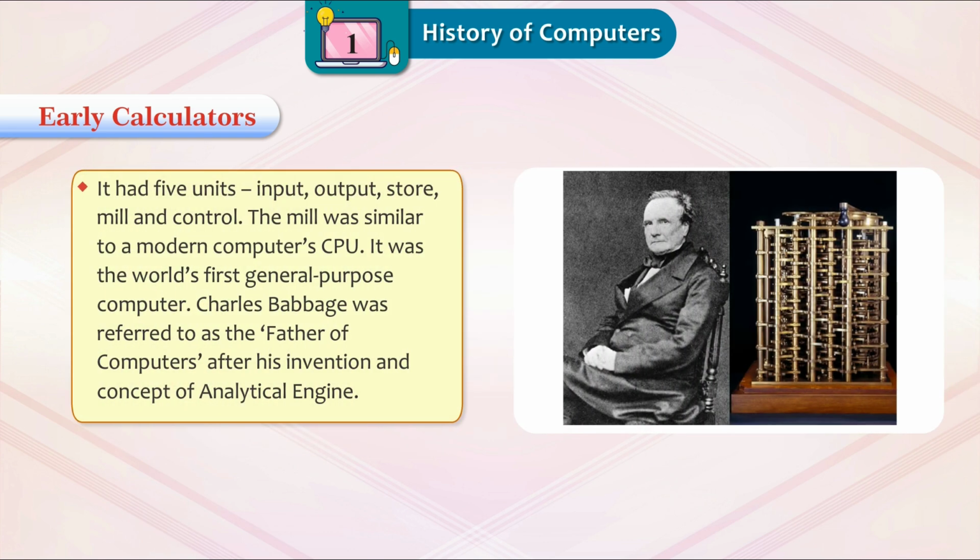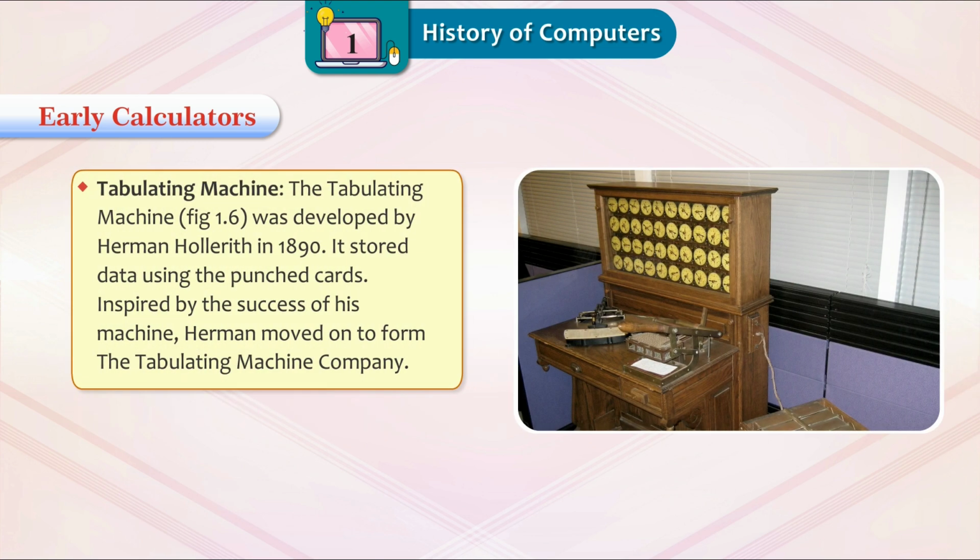It had 5 units: input, output, store, mill, and control. The mill was similar to a modern computer's CPU. It was the world's first general-purpose computer. Charles Babbage was referred to as the father of computers after his invention and concept of analytical engine.